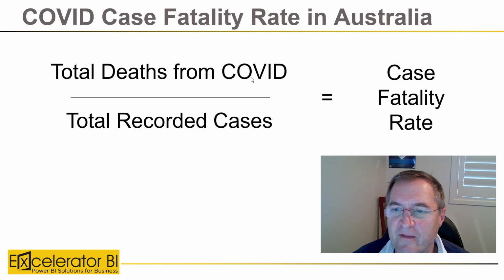As a result, the infection fatality rate is often lower, sometimes much lower than the official case fatality rates. In fact, I've heard numbers quoted of between 2 and 10 times lower infection fatality rate than case fatality rate.